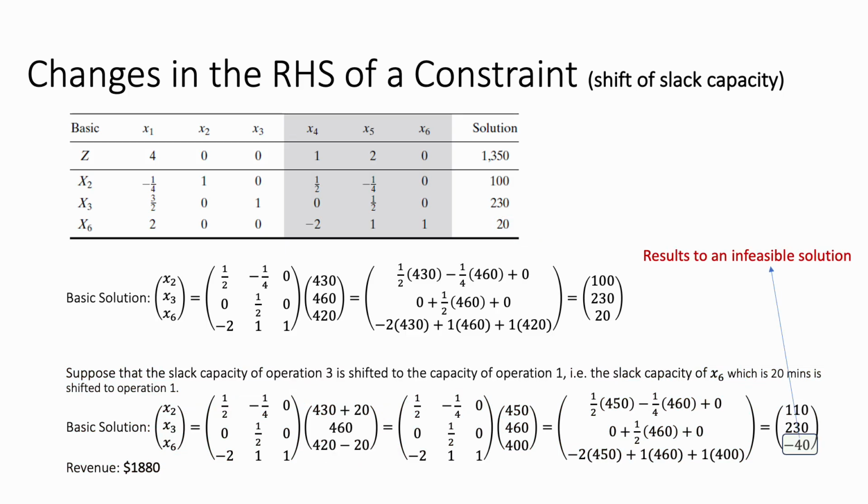Now, a slack of negative 40 results in an infeasible solution since we need more time to perform operation 3 than what is allowed. So in this case, we need to recalculate, but this time we will apply the dual simplex method to recover feasibility, or to bring the values of the basic variables into the feasible solution space.